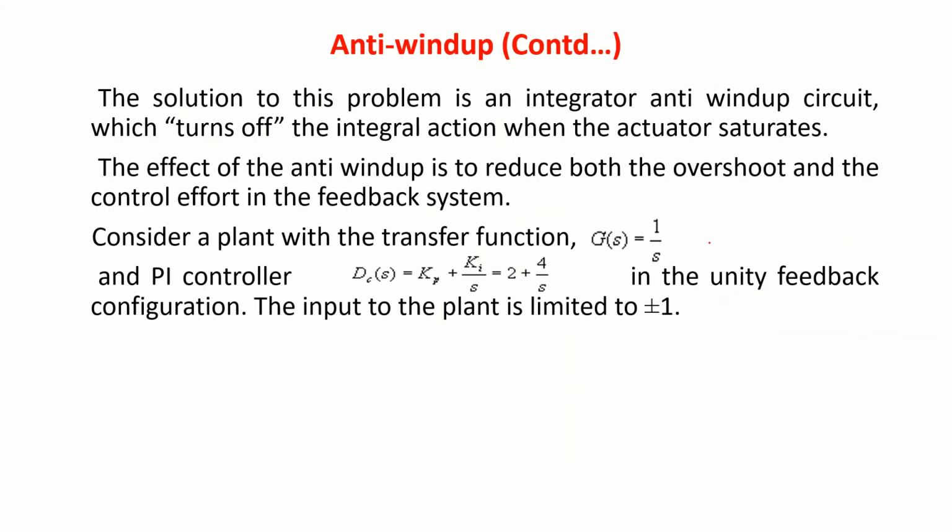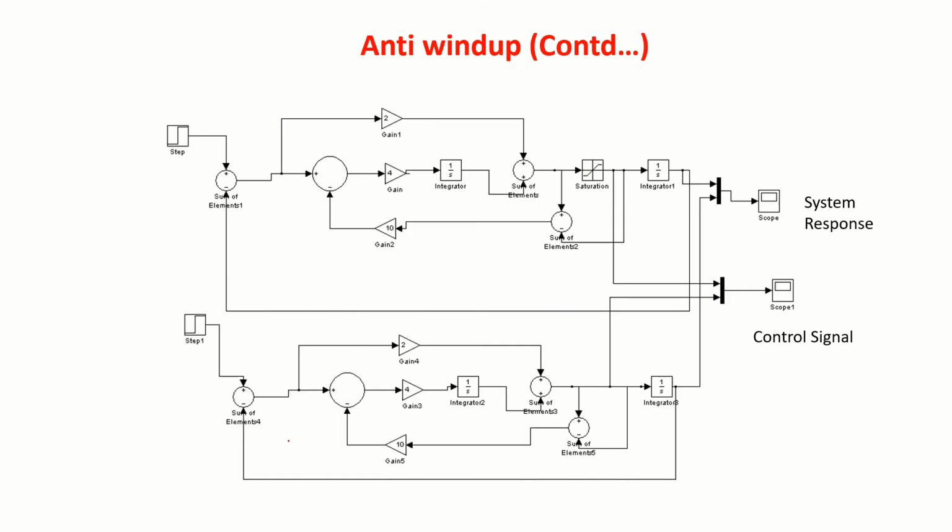Suppose you have a plant, let us say the process G(s) equal to 1 by s. Let us say I have a proportional and integral controller. Now you see this is the plant in a Simulink diagram.